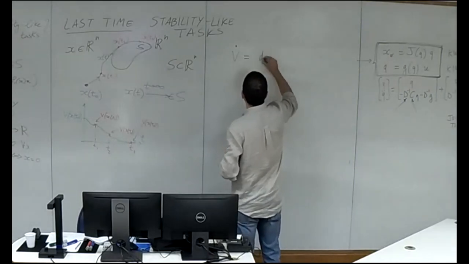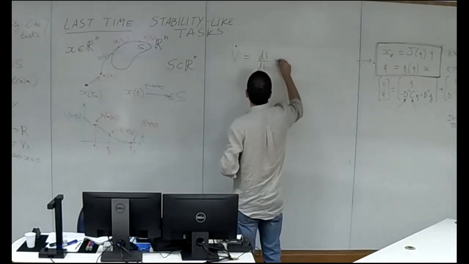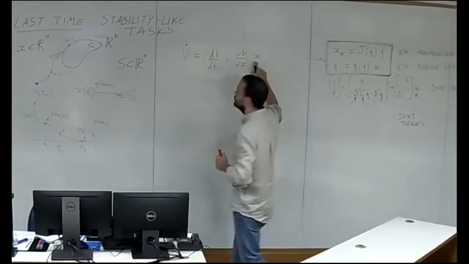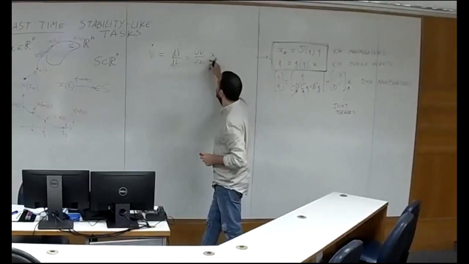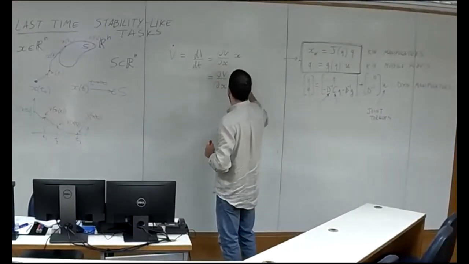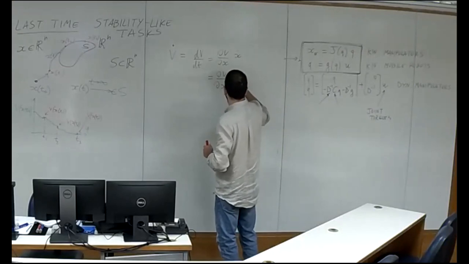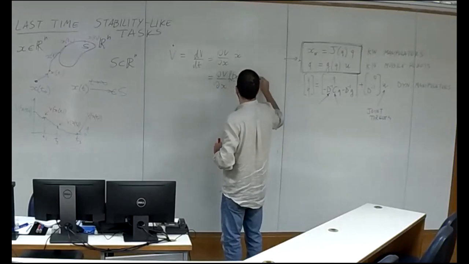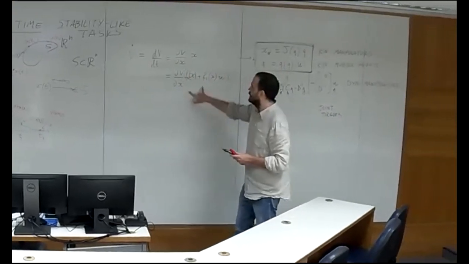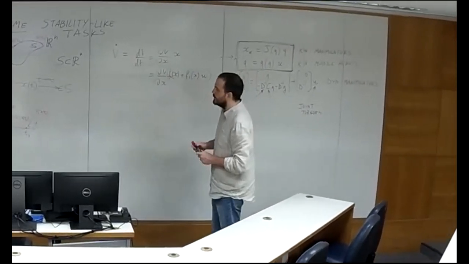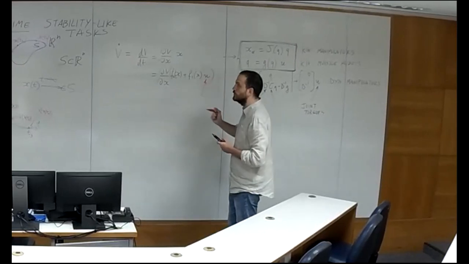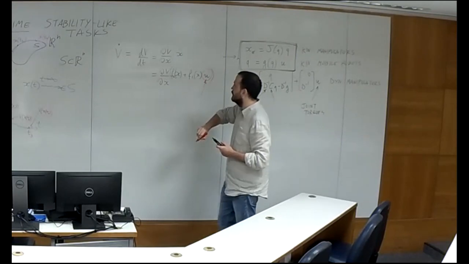V dot, the dV/dt, is the dV/dx times x dot, where x dot is given by the controller line. So this way, we somehow make explicit the effect of u, the control input that moves x in the state space, on V.